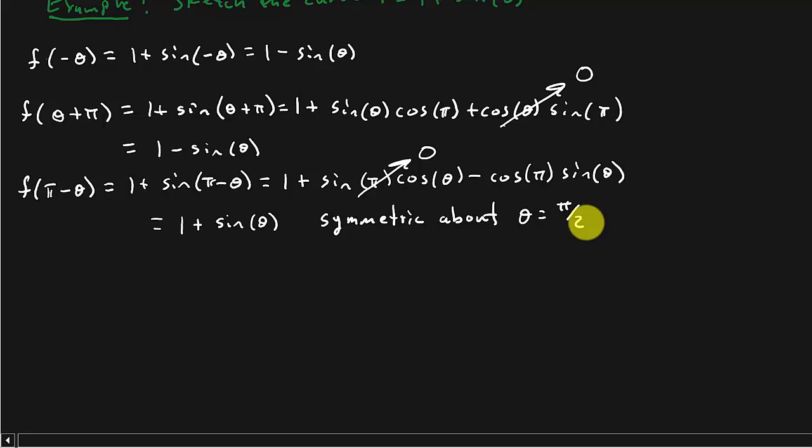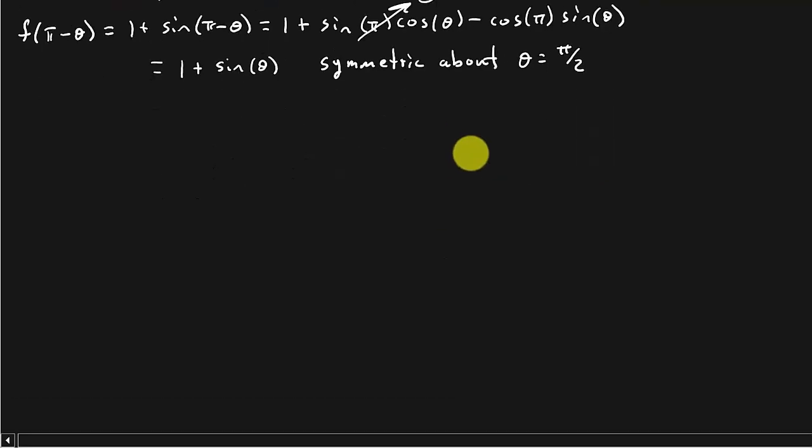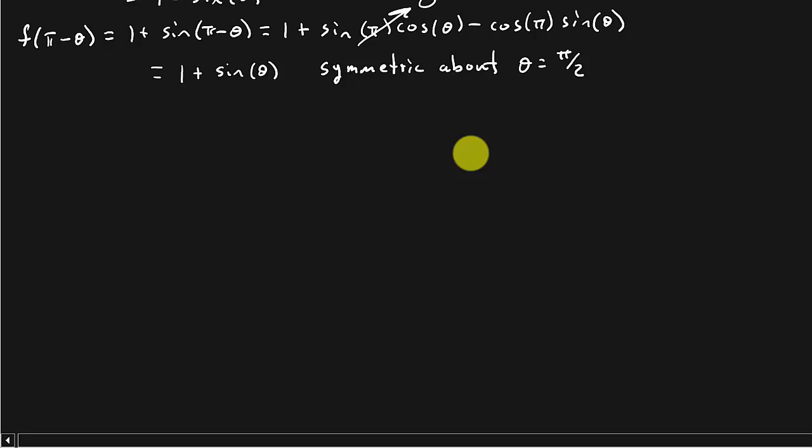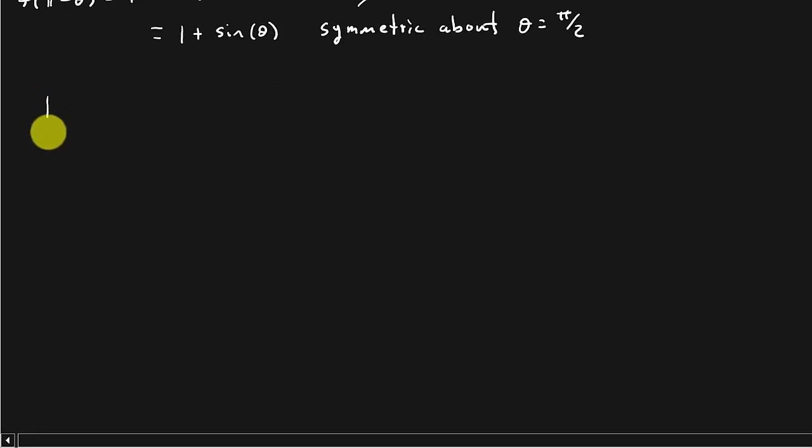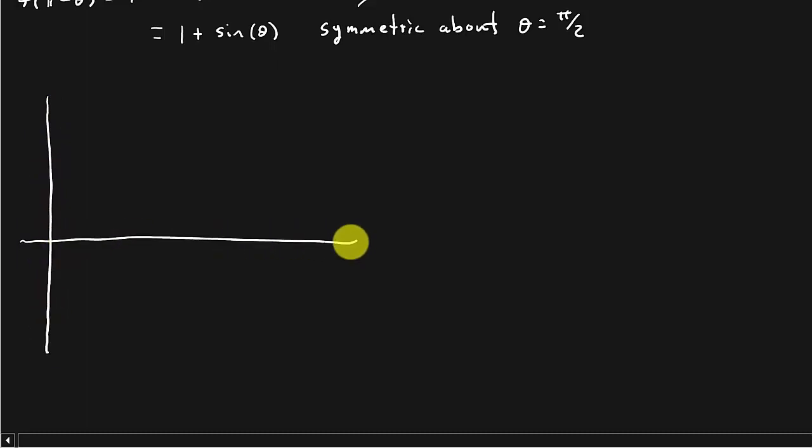All right. So, it's good to know this. We can see if we're even close to the way we graphed our polar equation. All right. So to graph this, let's look at it like this. Let's graph it like this.